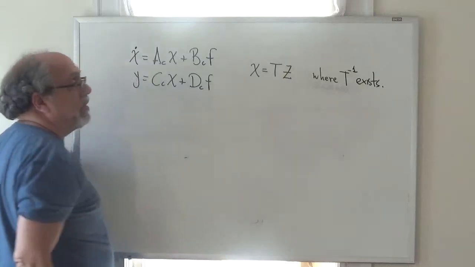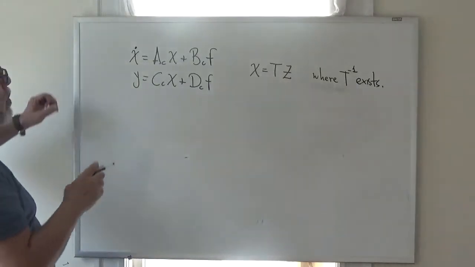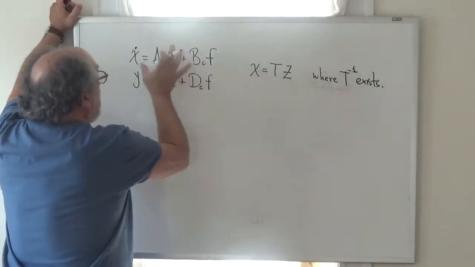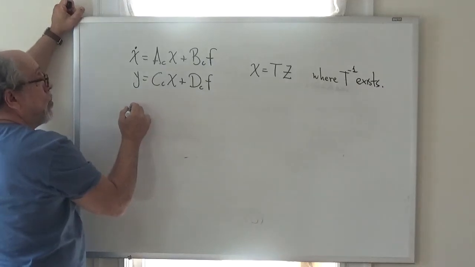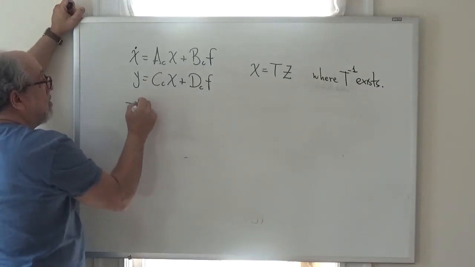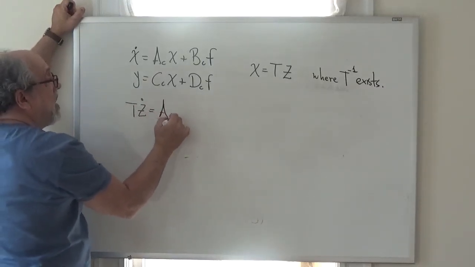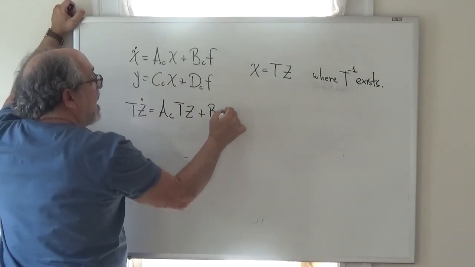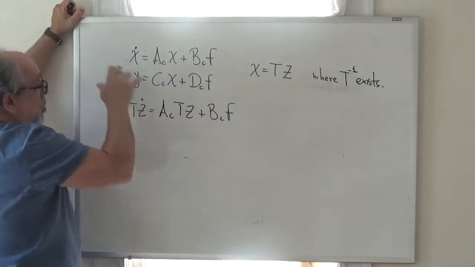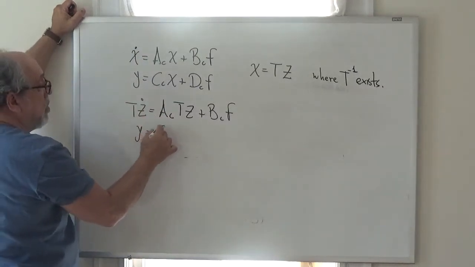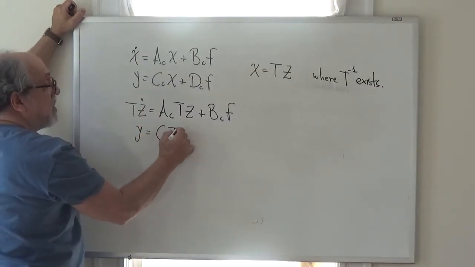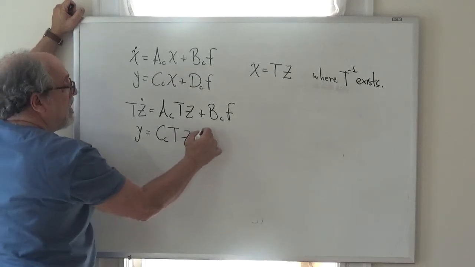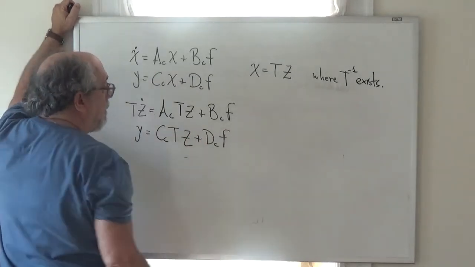If you know x, you know z. Now, if we substitute this equation here, it leads to T z dot is equal to A T z plus B C f. And if we substitute it here, we get y is equal to C C times T z plus D C f, right?